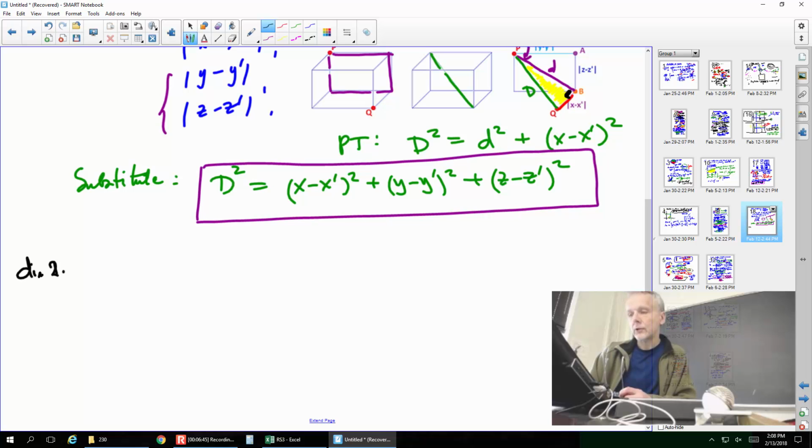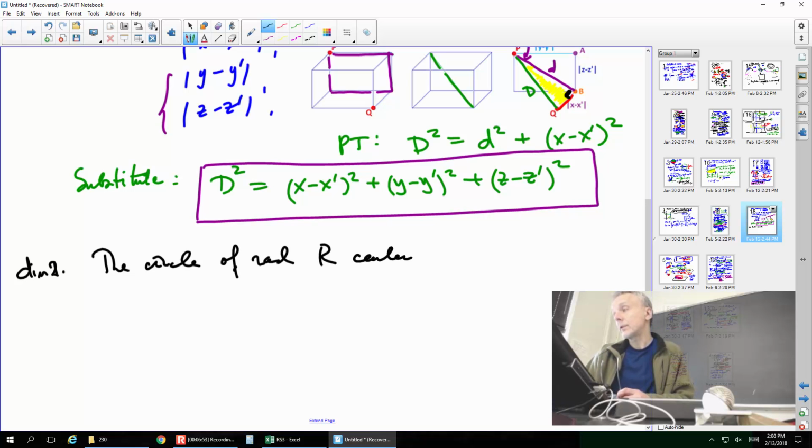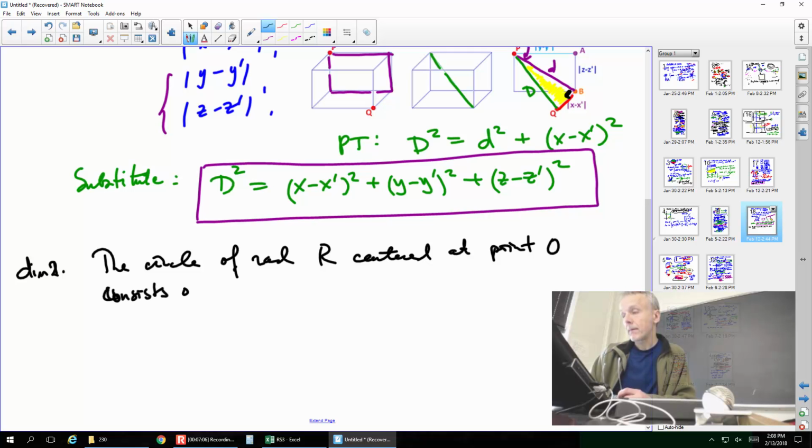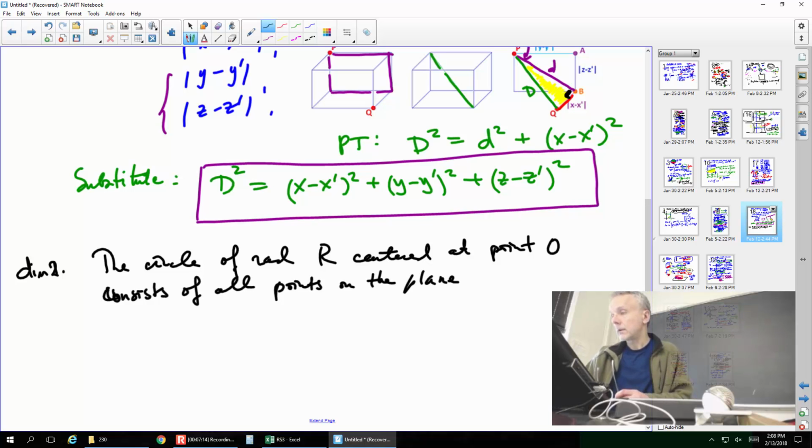In dimension 2, the circle of radius r centered at a point O consists of all points on the plane exactly r units from O, from the origin.